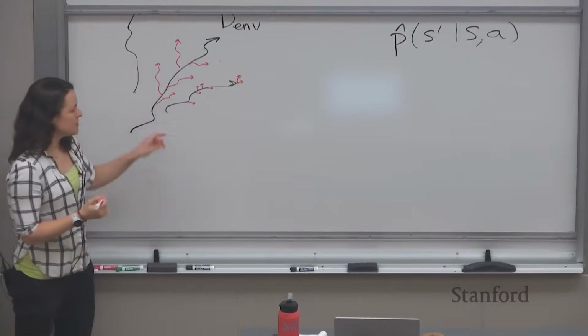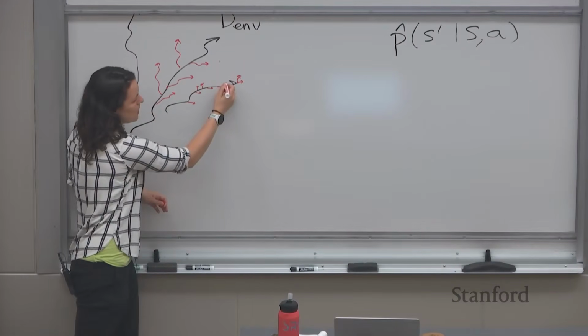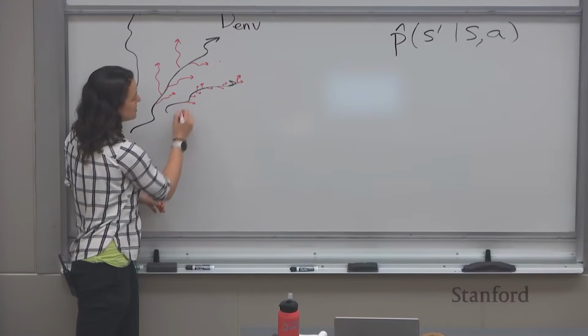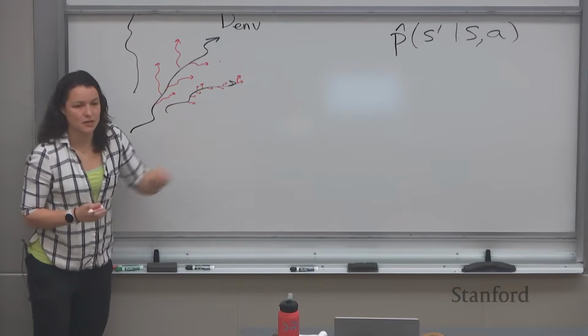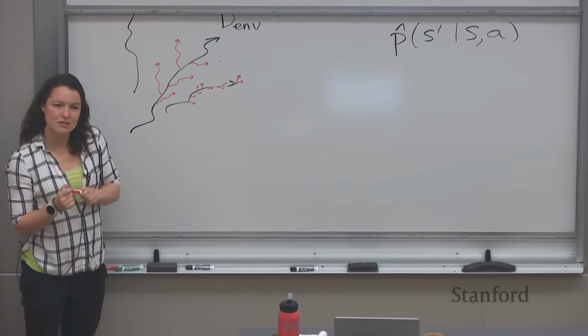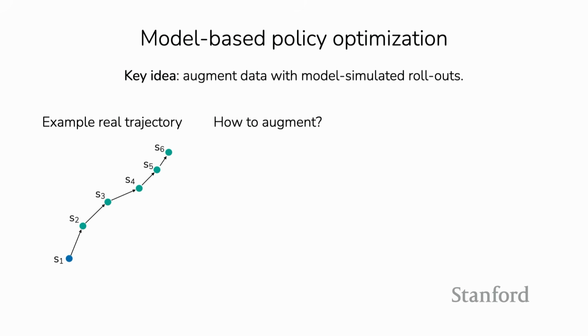And that picture is often more like what people find works really well in practice, because of inaccuracies in your model. Specifically, say we have some example real trajectory.